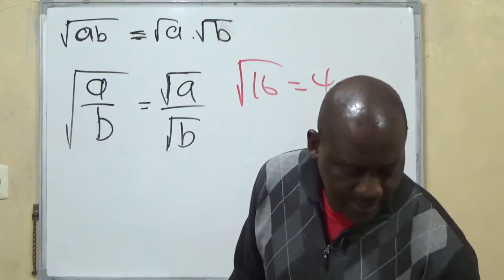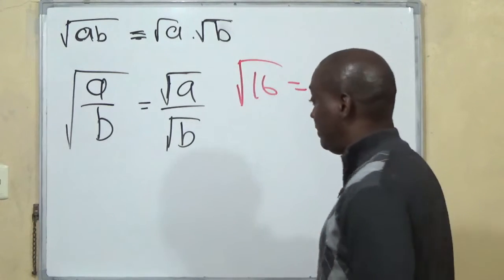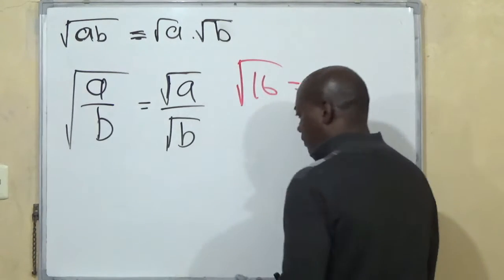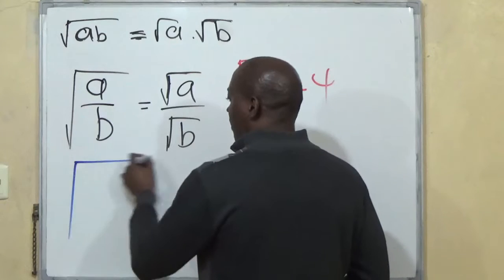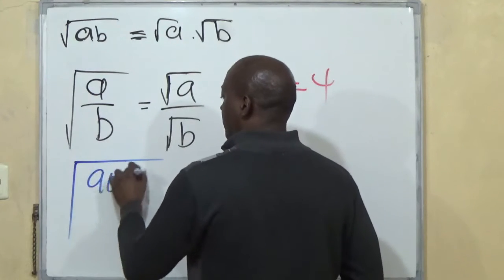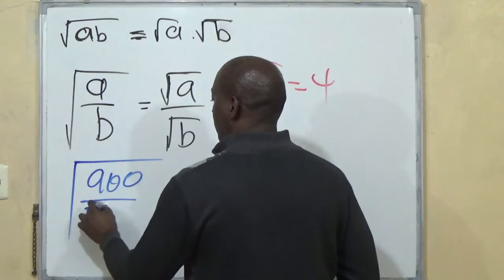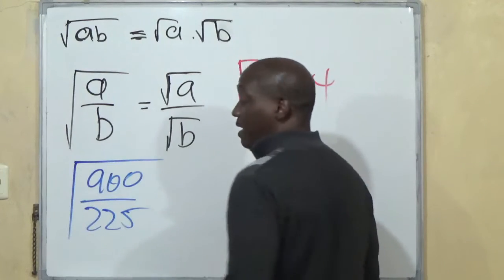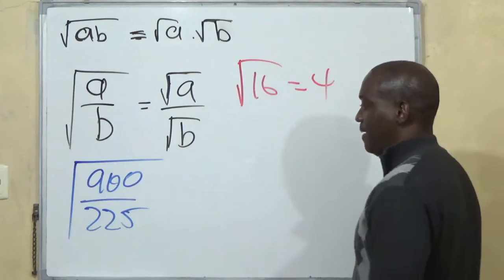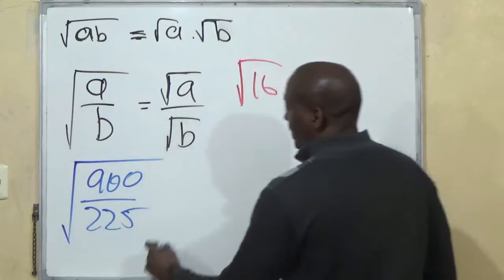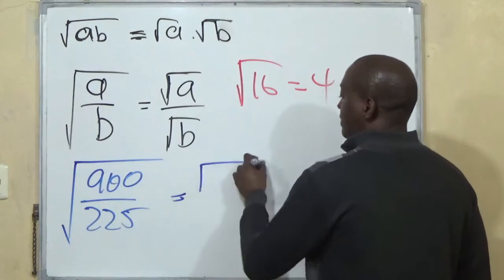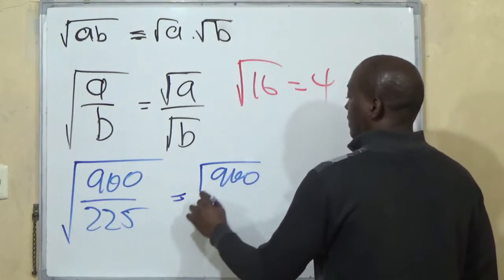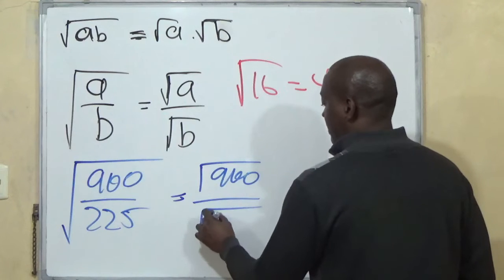If you have the square root of 900 over 225, nice, numbers looking bigger. The square root of 900 is, and then the square root of 225 is.